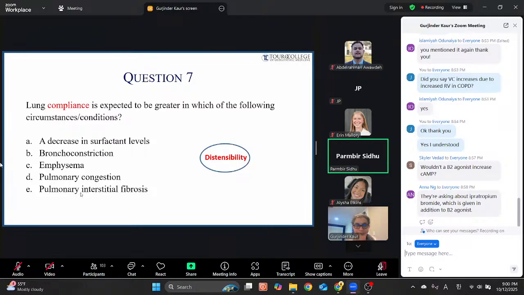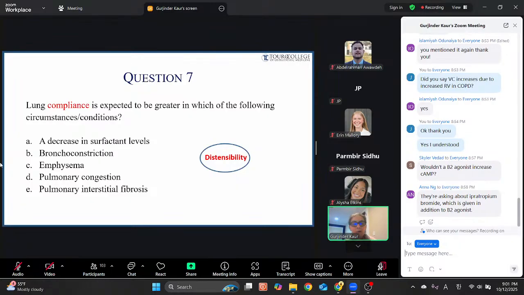A decrease in surfactant levels is only present in infants or premature infants, and bronchoconstriction didn't make sense either. So emphysema made the most sense because, as Alicia said, the compliance is inversely correlated with elastin.